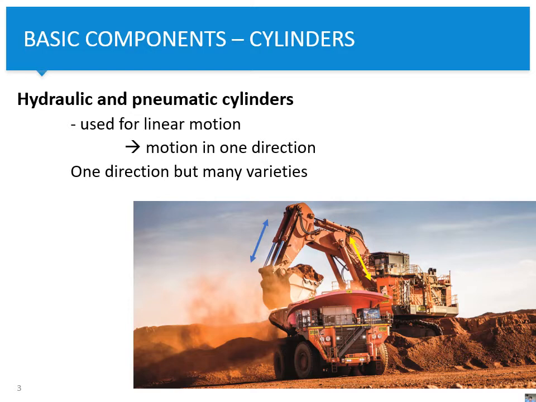So there's motion possible in only one direction. But there are many varieties of cylinders and many clever applications of cylinders. And I guess since you're all very intelligent students, you're all able to come up with more varieties of these cylinders, depending on applications, of course.